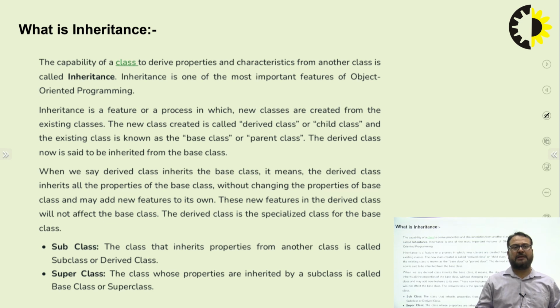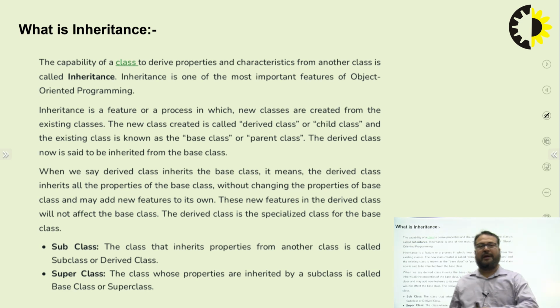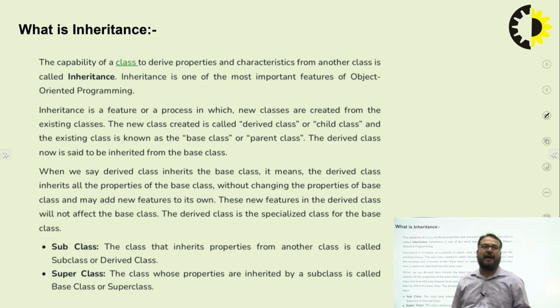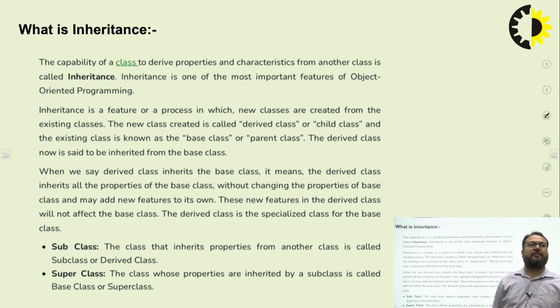It means the common property and behavior of a class could be simply inherited by another class. So the capability of a class to derive properties and characteristics from another class is called inheritance.